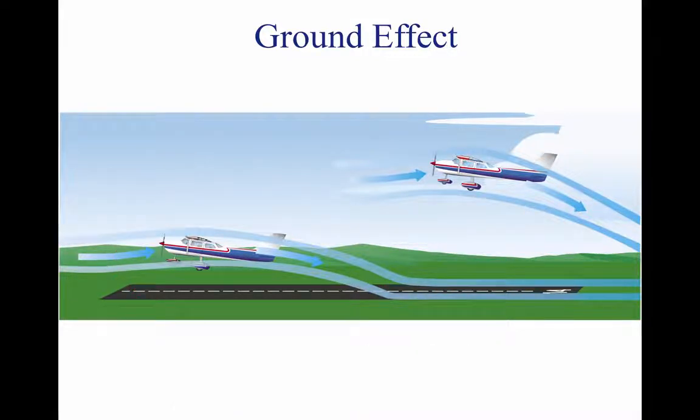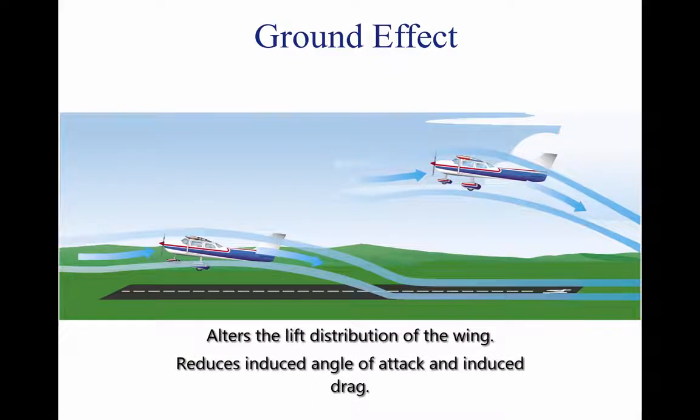The fuselage and tail surfaces are also affected, but ground effect mainly consists of the aerodynamic characteristic changes of the wing. The reduction of the wingtip vortices due to ground effect alters the lift distribution of the wing and reduces the induced angle of attack and induced drag.